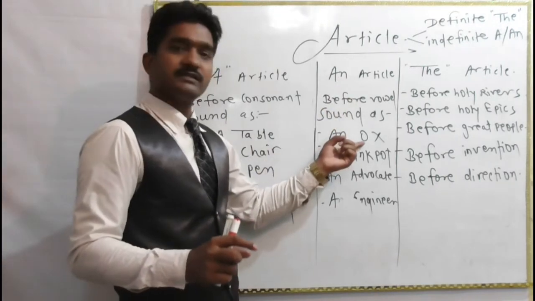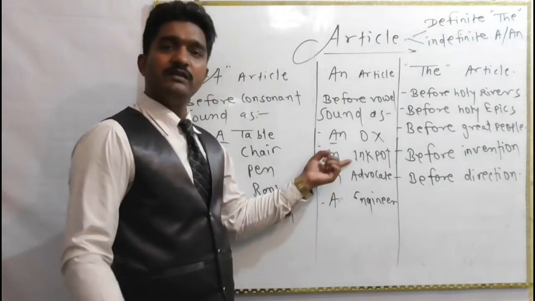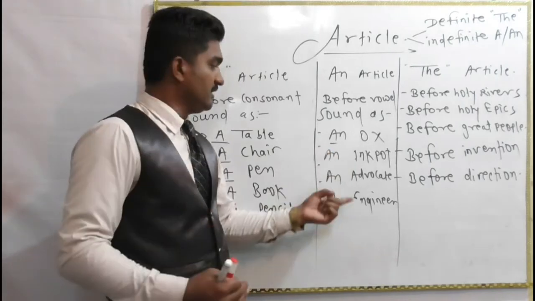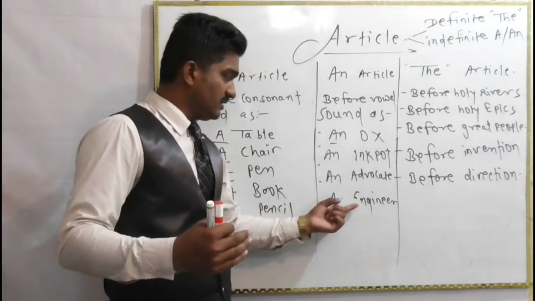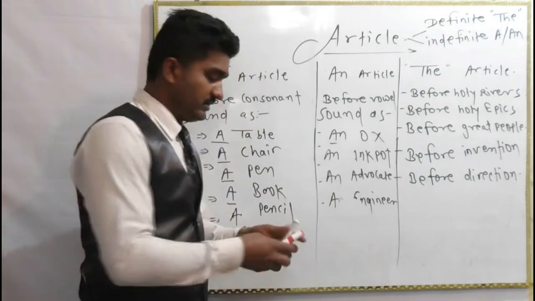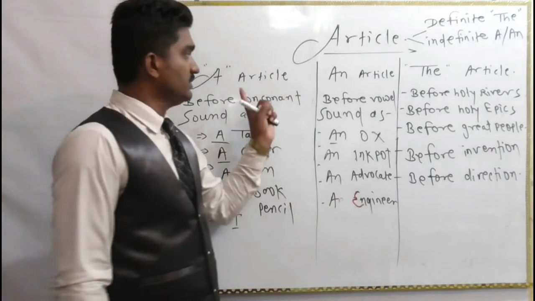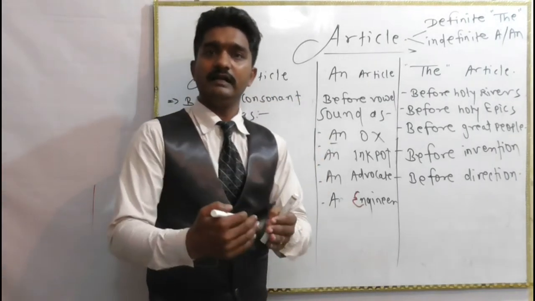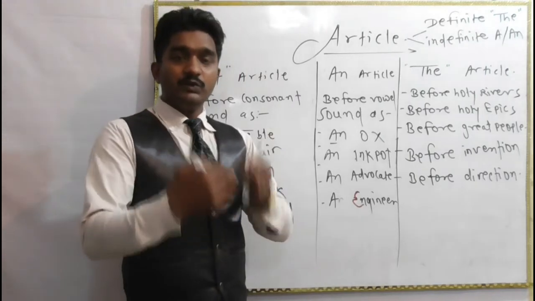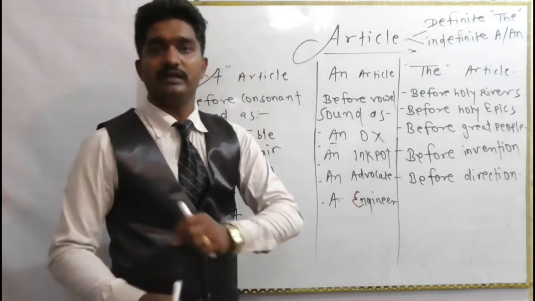Like ox, then its answer is an ox. If there is ink pot, then an ink pot. If there is advocate, then an advocate. If there is engineer, then an engineer. So easily you can understand the difference between a article and an article. The use of these words a and an depends totally on the sound of the noun.